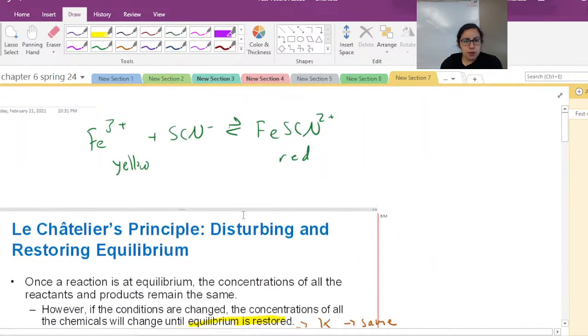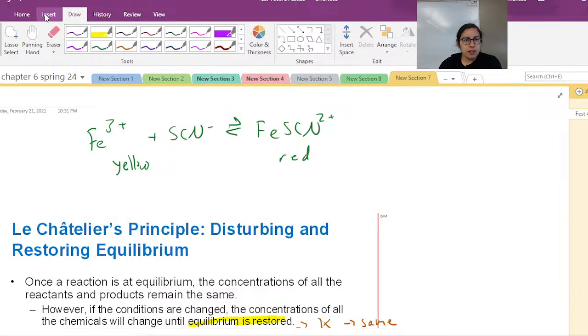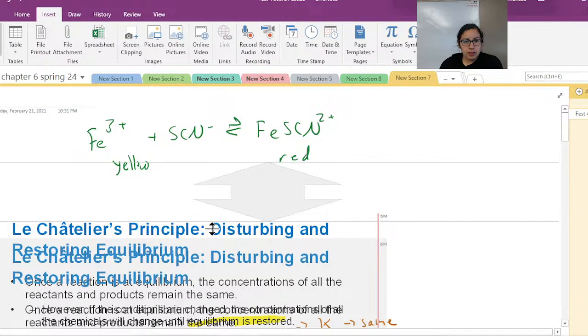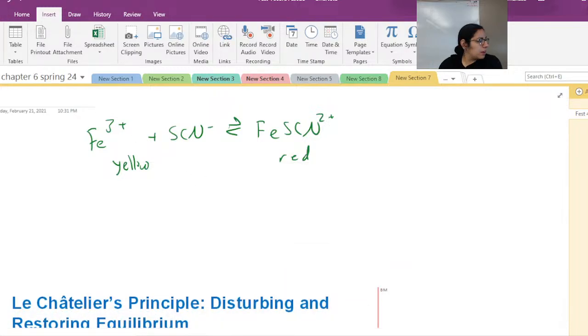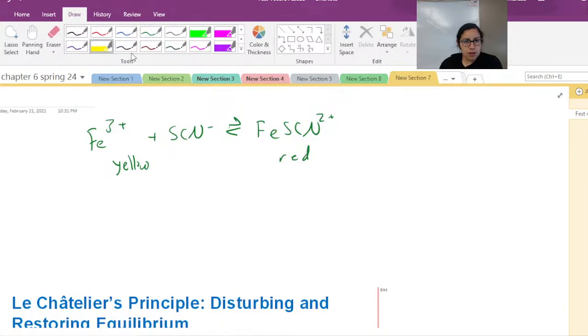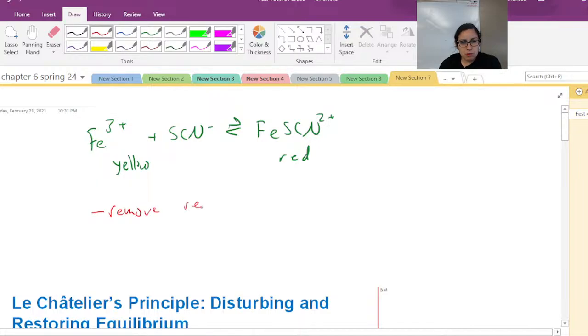And so if we removed a reactant here, and I forget how to remove reactants. For this situation, the key is you have to find something that complexes with one of these.